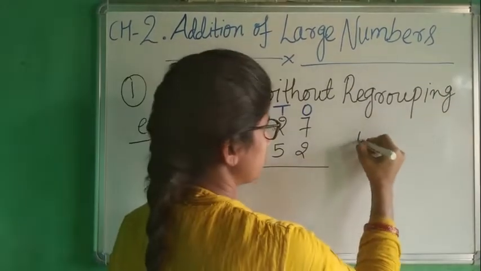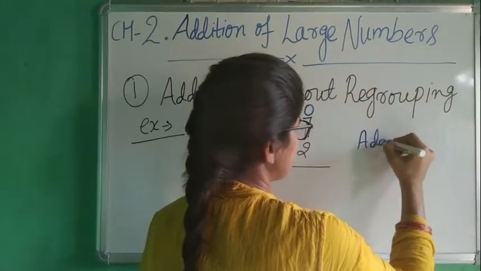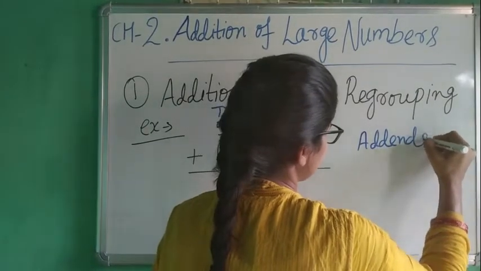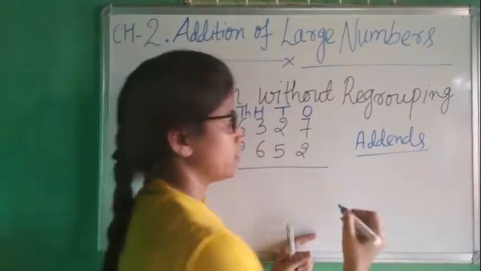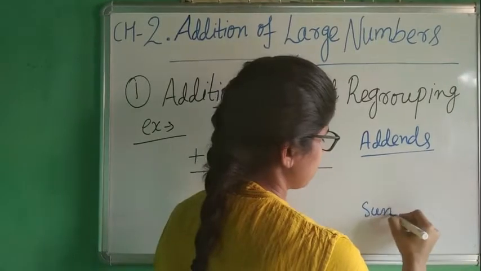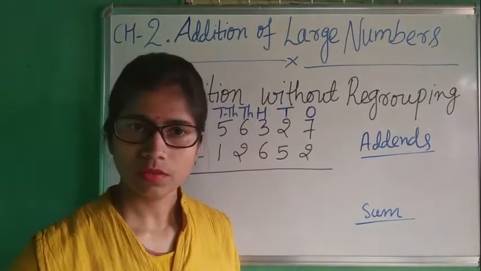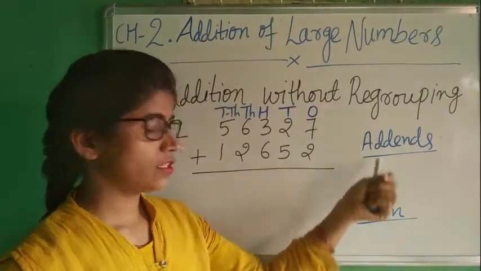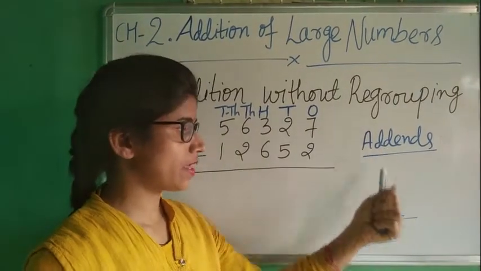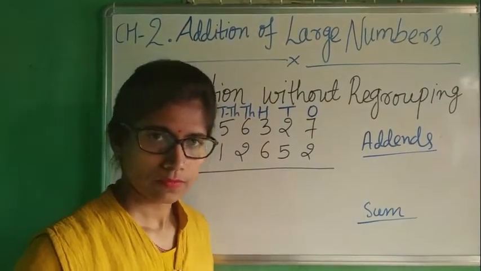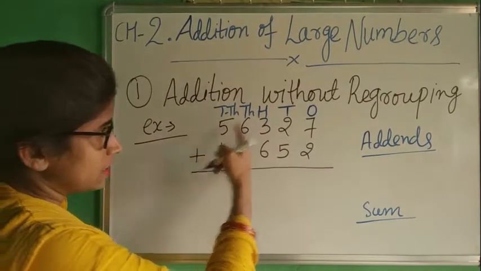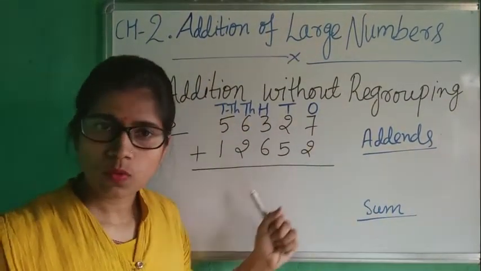The first keyword is addends. And the second one is sum. First of all, understand these 2 keywords. What is addends and what is sum? Means these 2 numbers are given and we have to add.